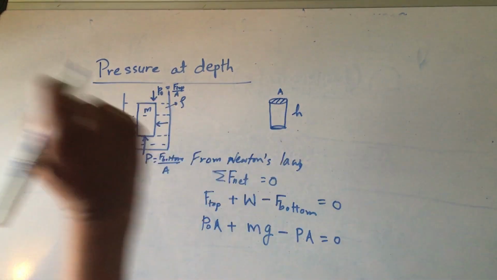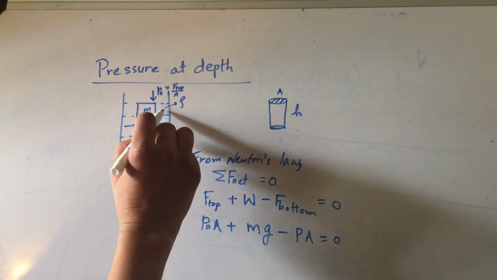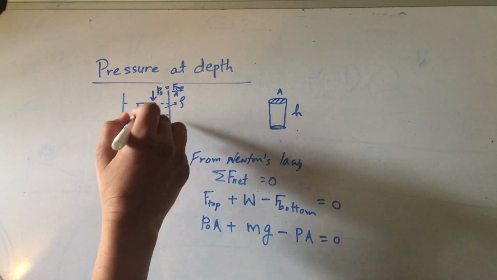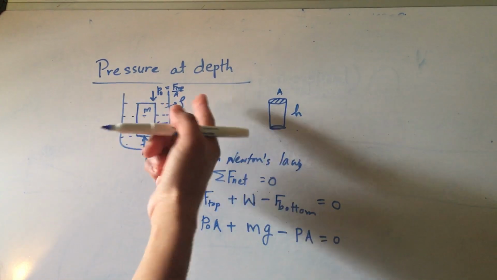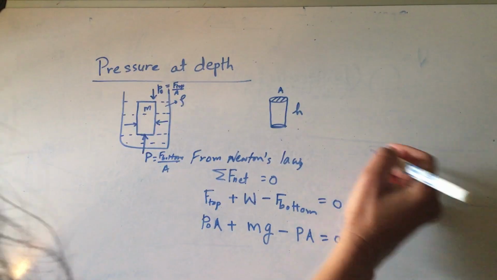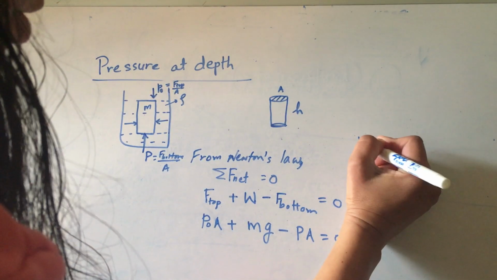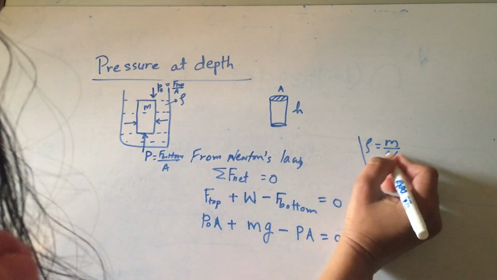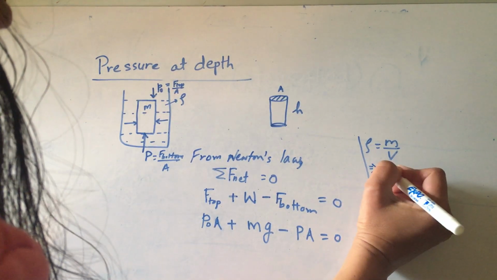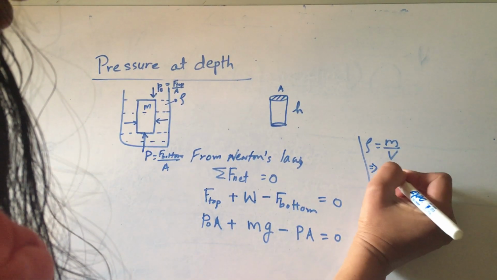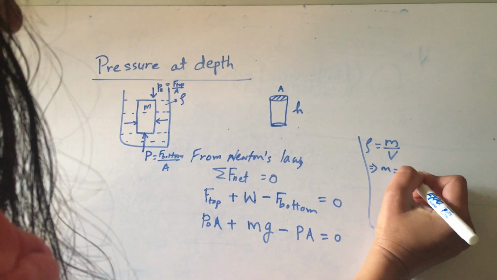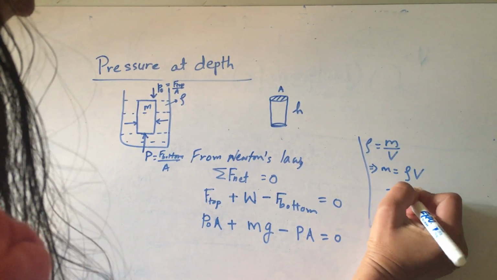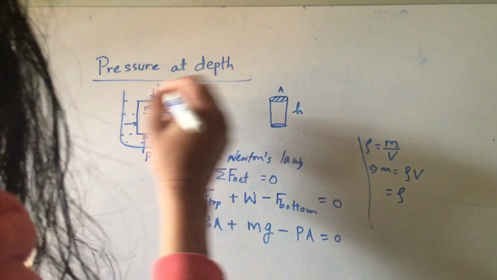Now guys, remember we said this fluid has the density rho. I'm going to show you something real quick. Density rho equals mass by volume. How can we write this mass in terms of volume? We can write M equal to rho times V, where V is the volume of this column.